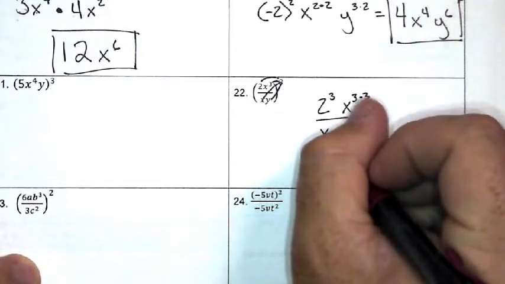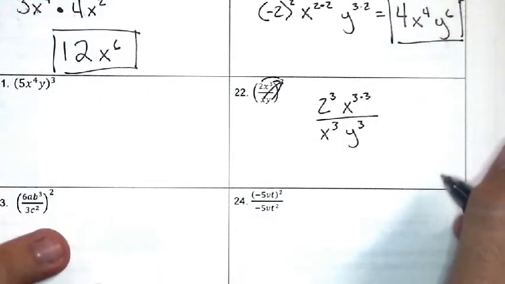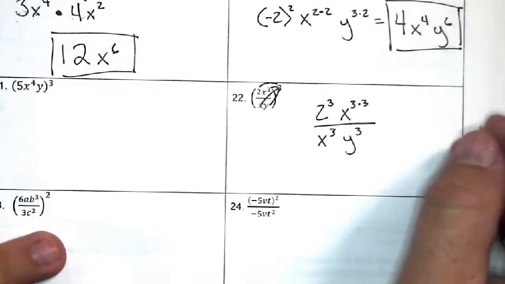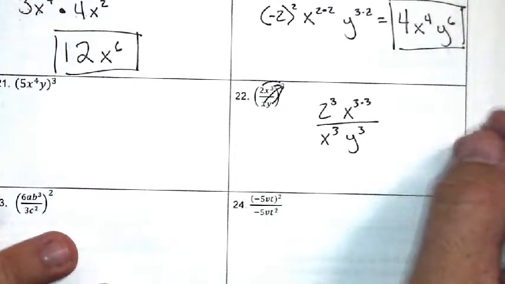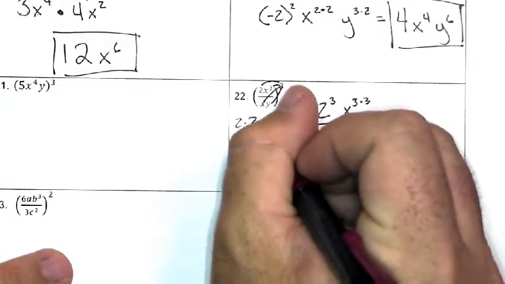Now we simplify. 2 to the power of 3. What is that? Wrong. No. 2 to the power of 3 also means 2 times 2 times 2. 2 times 2 is 4. 4 times 2 is 8. So actually, 2 to the power of 3 is 8.